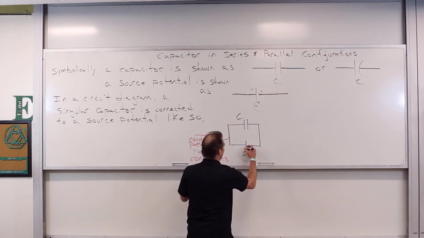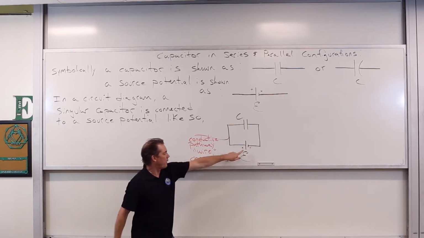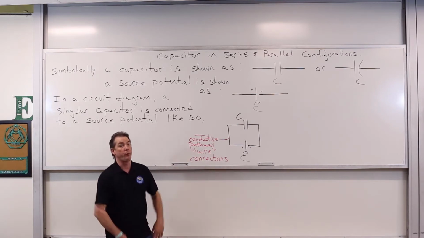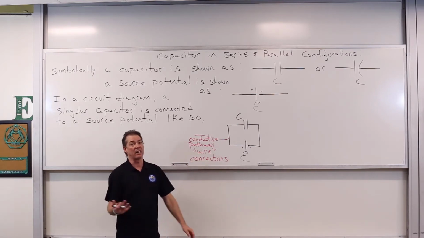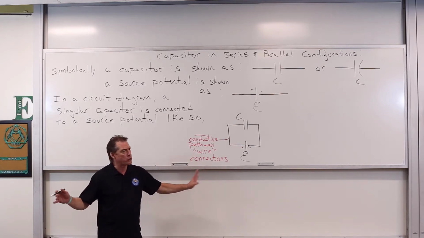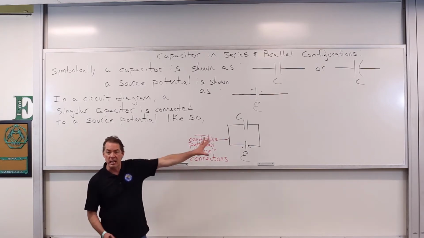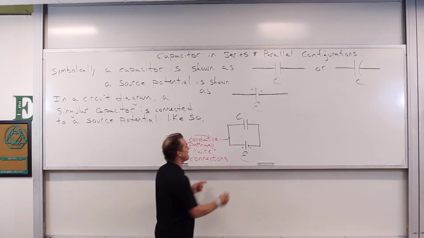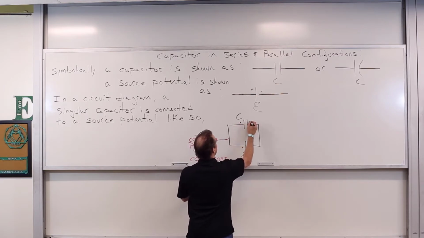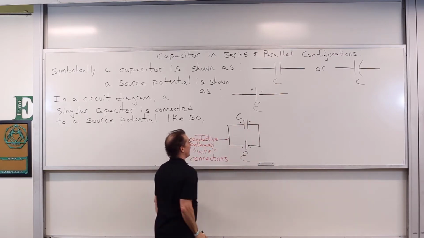Well, again, don't have to always draw this in, but the source potential has the positive terminal and the negative terminal, and that directly associates with what the positive side and the negative side of the capacitor will be when it's fully charged. So for now, we're going to assume that capacitors are fully charged in the systems. Enough time's gone by for that to happen, and this would be the plus side, this would be the minus side of the capacitor itself.